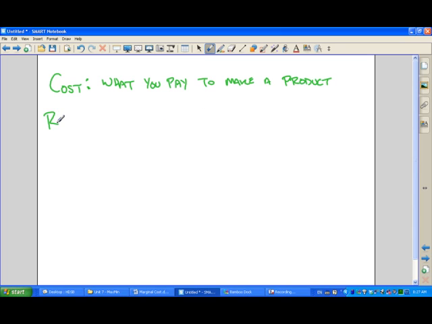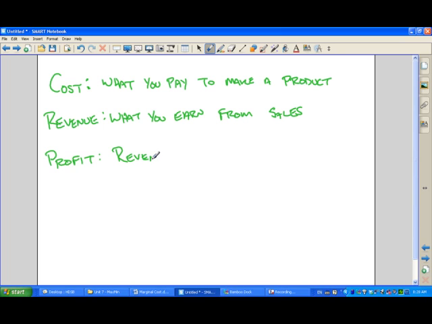Revenue is what you as a business earn from the sales of your product. And profit is your revenue minus the cost.